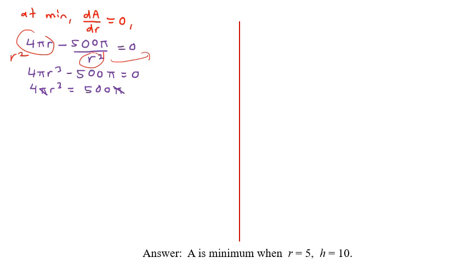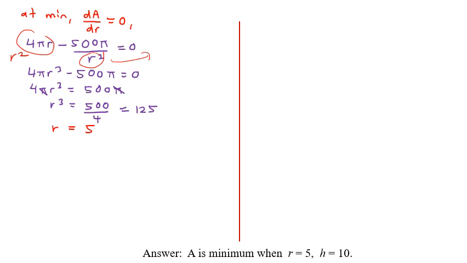So we can eliminate r squared, so we got r cubed. As you can see here, we already eliminate pi, and then we rearrange to get r cubed is 125. Taking the cube root of 125, the value of r is 5.